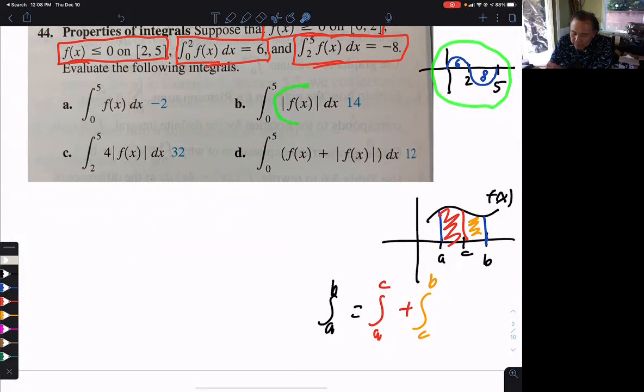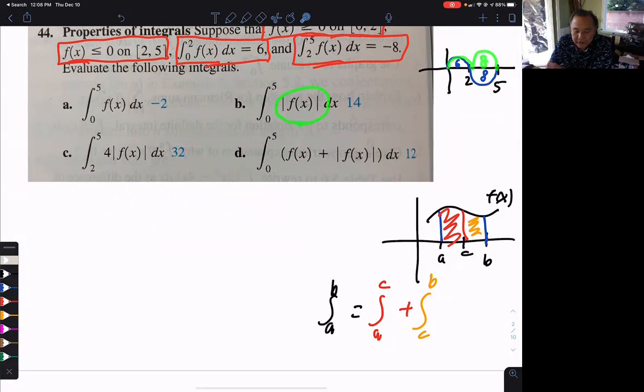What does the absolute value do to a graph? An absolute value takes negative values and makes them positive. So if you make those positive, it's going to flip it on top. And there's going to be an 8. So the green graph, that is going to be the absolute value function.